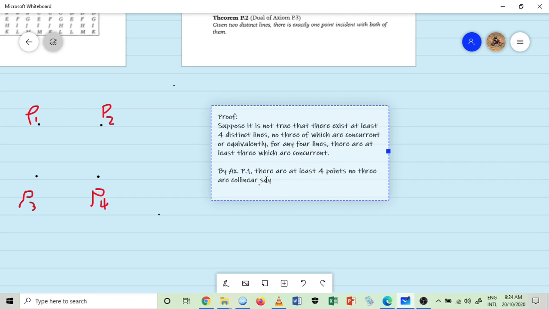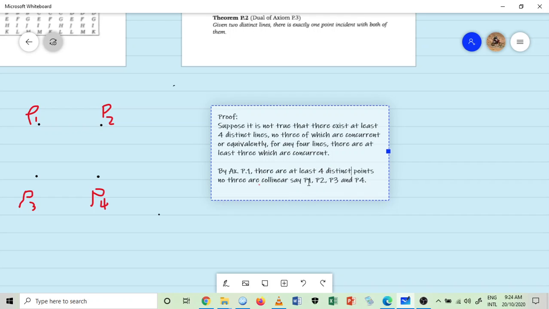It is important to note that these 4 points are distinct, at least 4 distinct points.